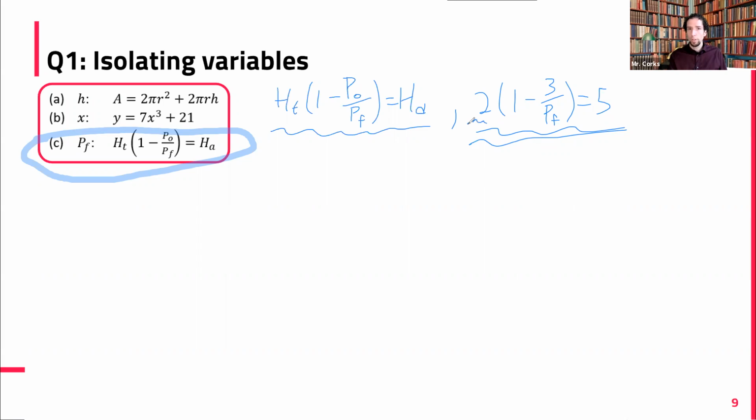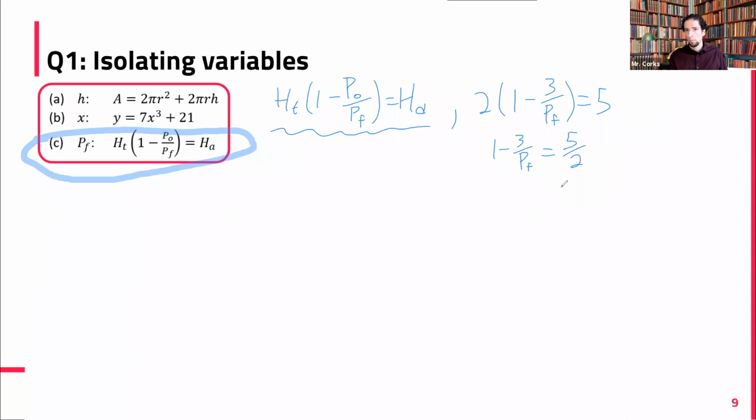Okay, so the 2 on the outside is the furthest away thing from PF. It's on the outside of the brackets, so we take care of that first. So divide both sides by 2: 1 minus 3 over PF equals, and I'm not going to evaluate this, I'll just leave it as 5 over 2. That way it'd be very easy to switch back to all these terms at the end. What's the next thing we could do?